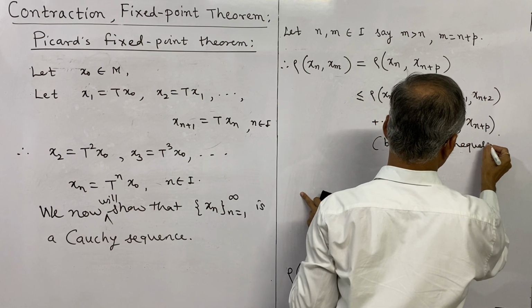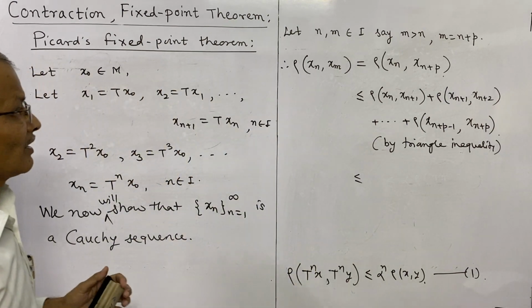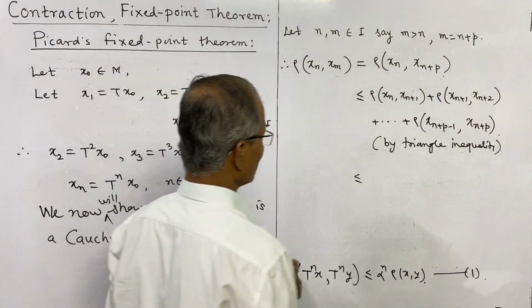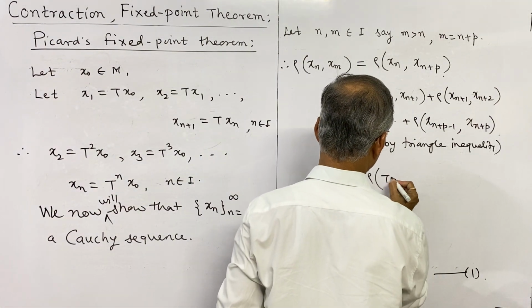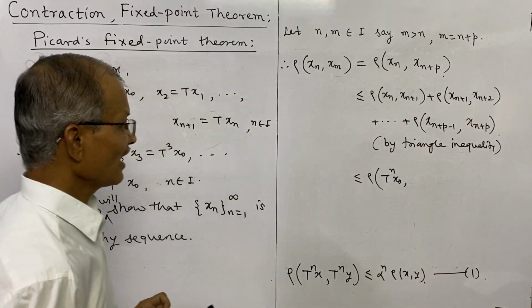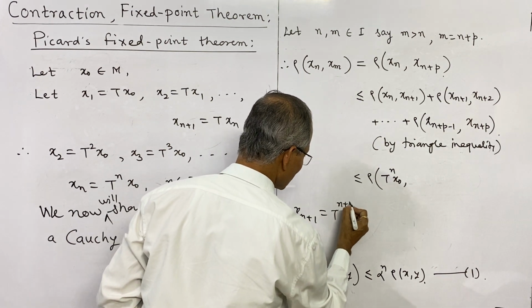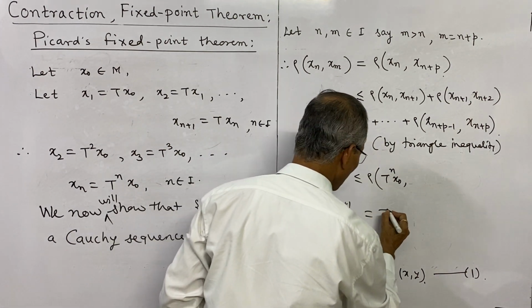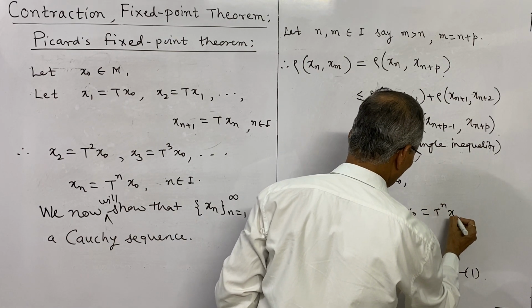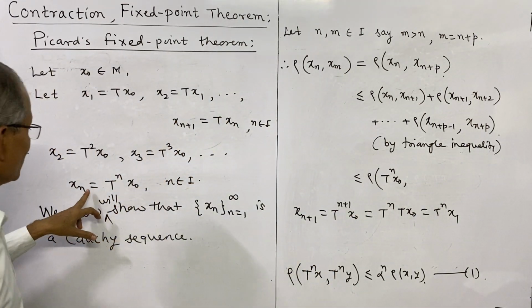Next, this is less than or equal to, now we will use this relation. What is xn? xn is T power n x naught. That is, rho of T power n of x naught and, what is actually x(n+1)? x(n+1) can also be written as T power (n+1) of x naught. But we will write this as T power n of T of x naught, that is T power n of x1. See, this is x(n+1) in the same notation.